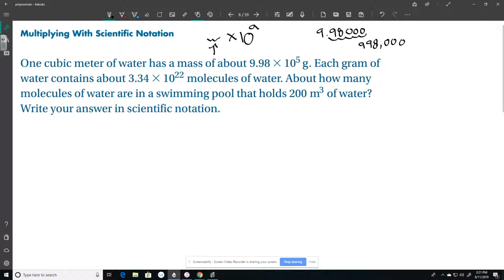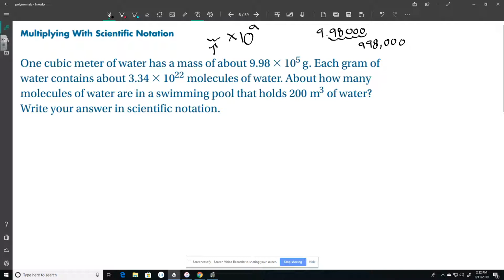Each of these grams of water contains about 3.34 times 10 to the 22nd molecules of water. So we have the number of grams, and each of those grams has this many molecules of water, again in scientific notation. And it wants to know how many molecules of water are in a swimming pool that holds 200 cubic meters of water.